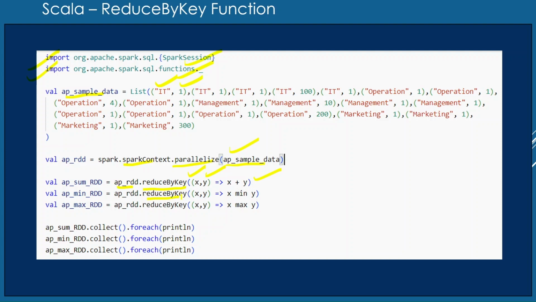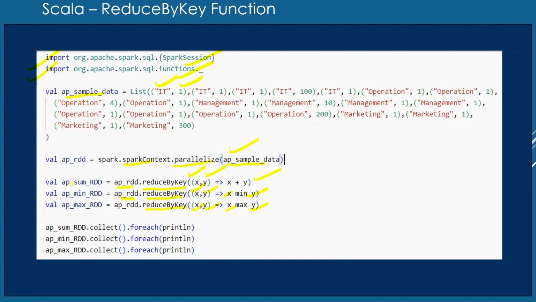Here, same, I am going to call reduceByKey on top of the AP RDD, passing two parameters x and y. And I am saying: what is the mean value in each key? Here we are talking about each key, right? So it will give you the mean value. Here again we are calling the reduce function, passing two parameters, and we are saying: what is the max value in each key.